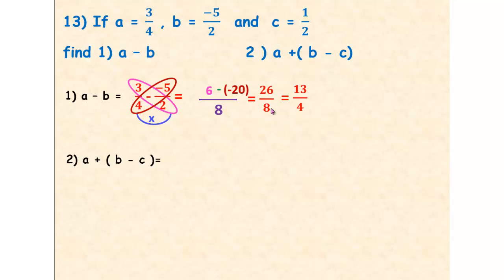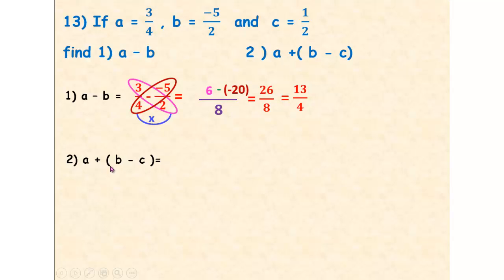Let's go now for number 2. A plus B minus C. I'm going to take away A and substitute it by 3 over 4, B and substitute it by negative 5 over 2, C and substitute it by half.